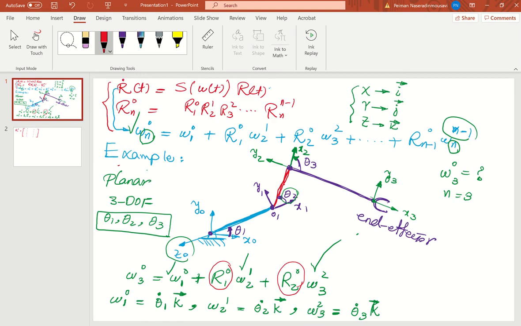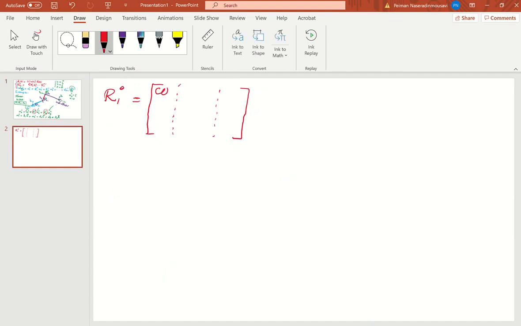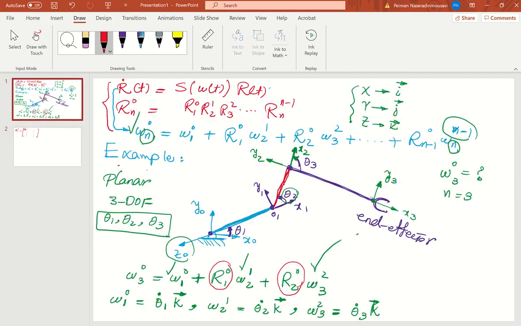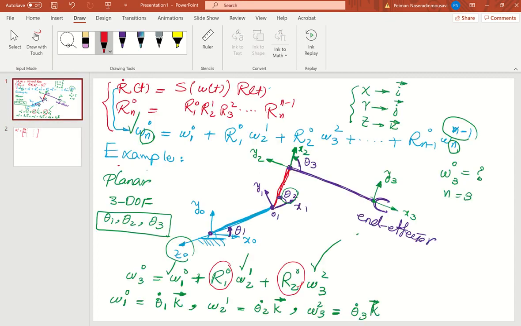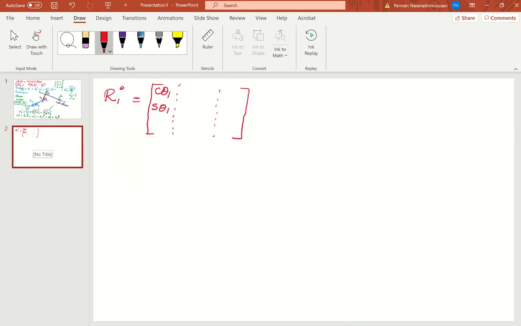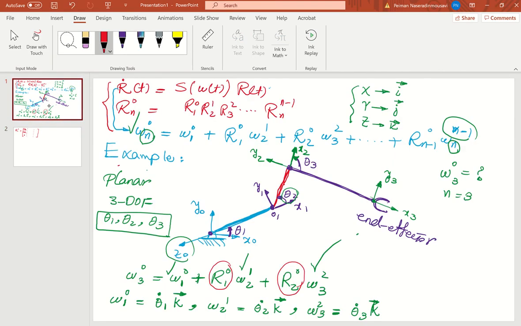So x1 with respect to x0 gonna be cosine theta 1, trigonometry. x1 with respect to y0 gonna be sine theta 1. It's a trivial trigonometry. x1 with respect to z0, because z0 is out of the page, has no projection, 0.